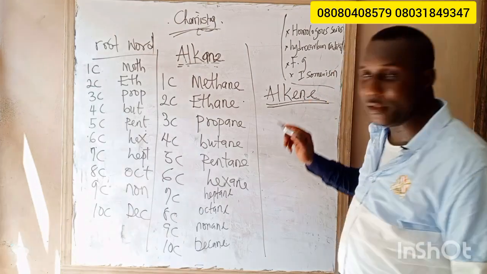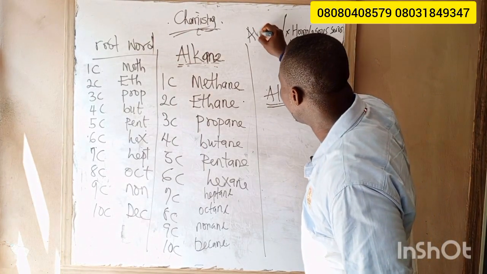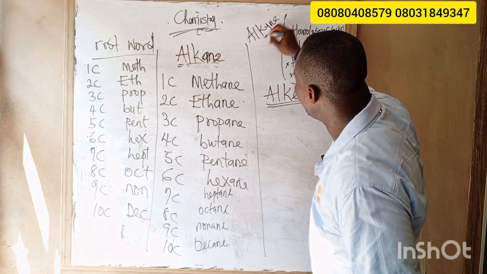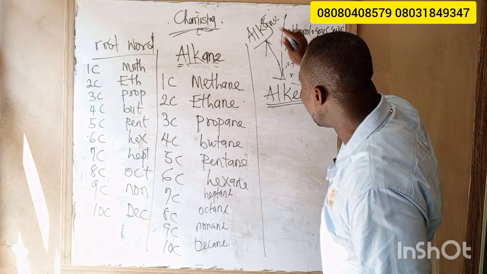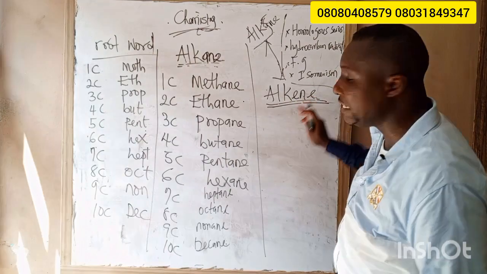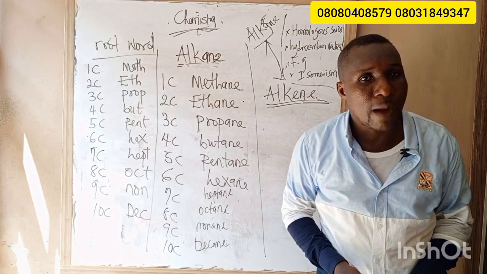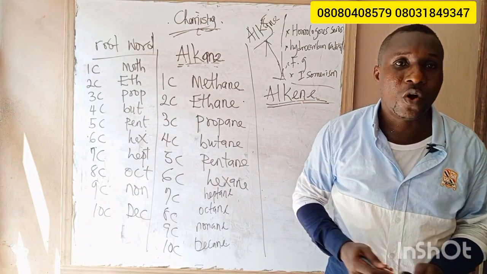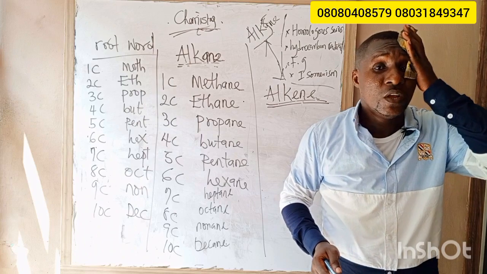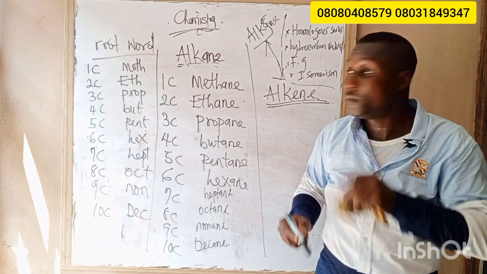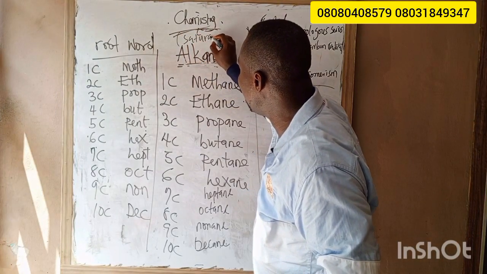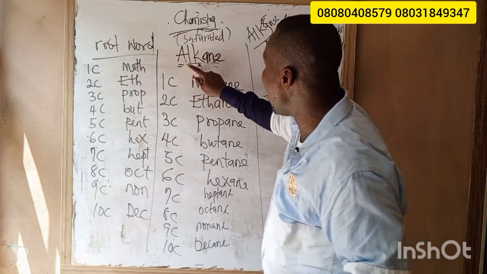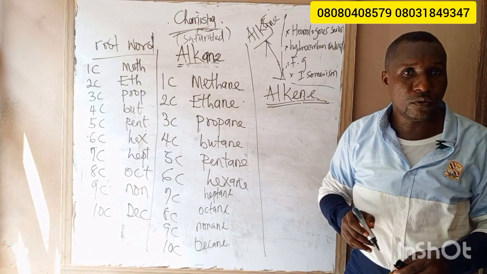And these two families, alkene and alkyne, YNE and ENE, they don't have 1 carbon. They don't start with 1 carbon. Why? Because they are unsaturated hydrocarbons. This one is known as saturated. When we get to the family, I will let you know. Alkane is known as saturated hydrocarbon.